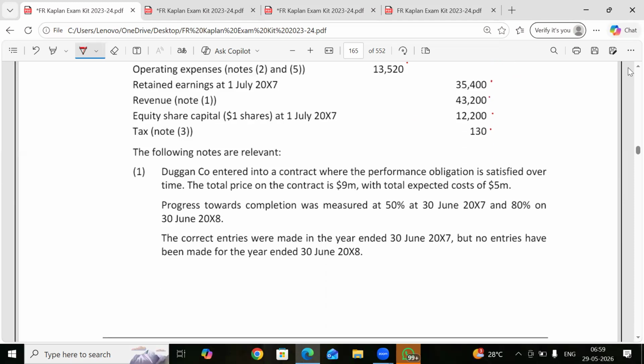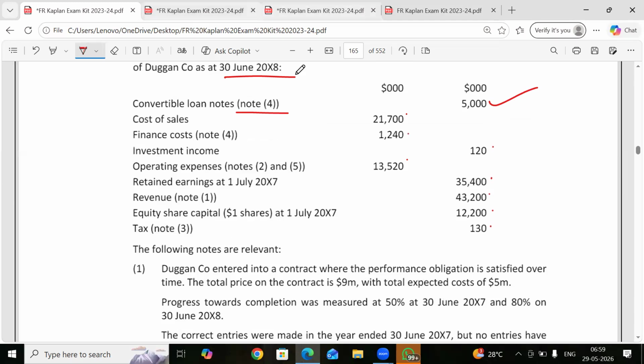So let's start the question. When we start the question, we always start with revenue, and revenue already has a note. We will see what the note is with respect to revenue and try to solve it.